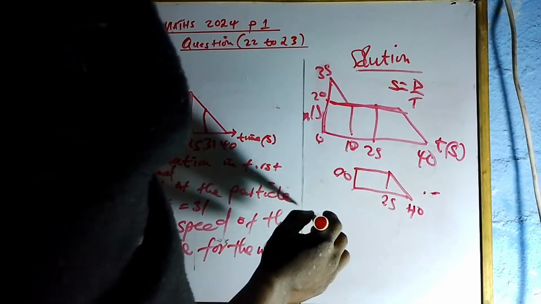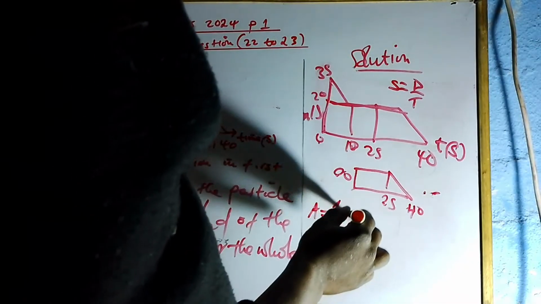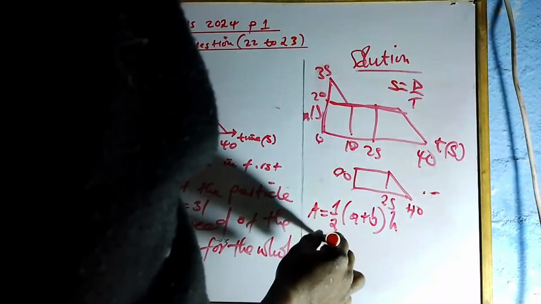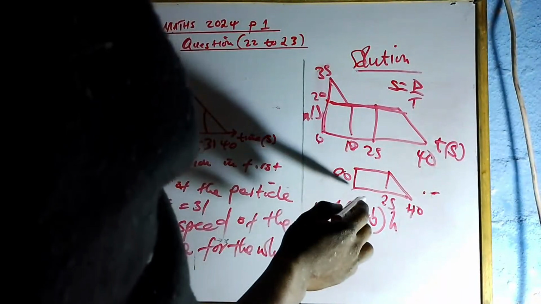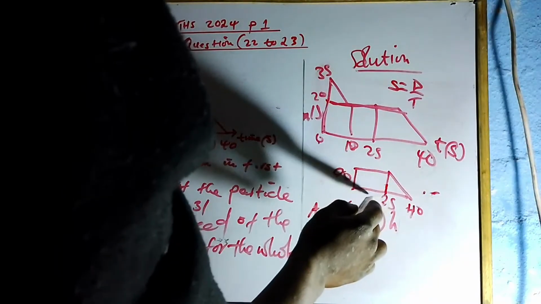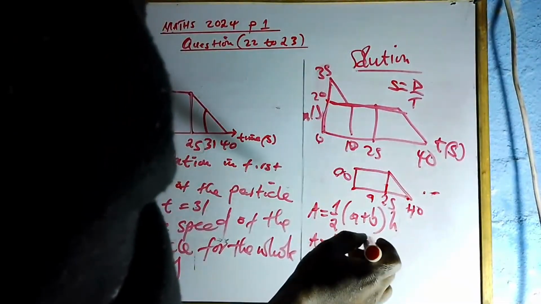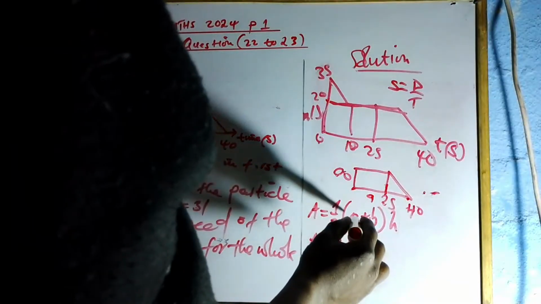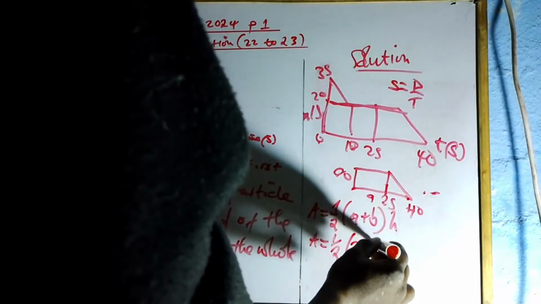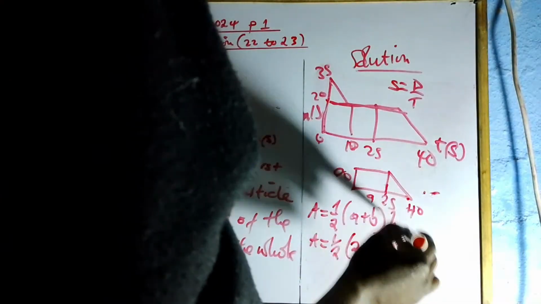We all know that the area of a trapezium is equal to half (A plus B) times the height, in which A is the distance from this point to this point. This is A. Then B is from this point to this point here. Okay, in which it will be half of (25 as A plus 40) times the height, 20.